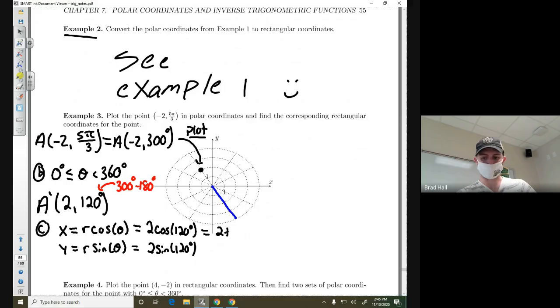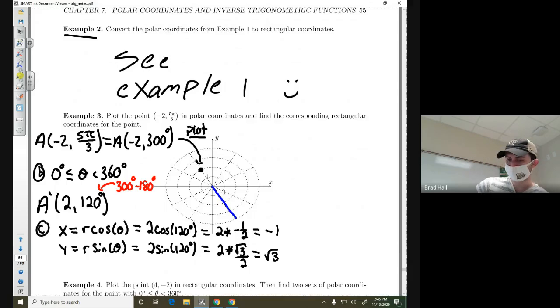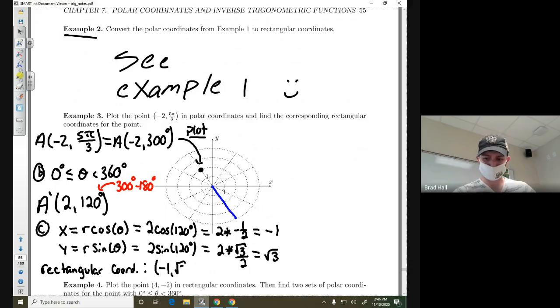So then 2 times -1/2. We'll simplify that in a second. Sine is square root of 3/2, it looks like. So -1 and square root of 3. So the rectangular coordinates, -1 for x, square root of 3 for y.